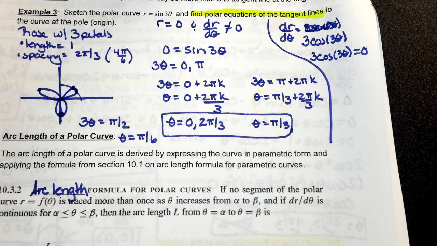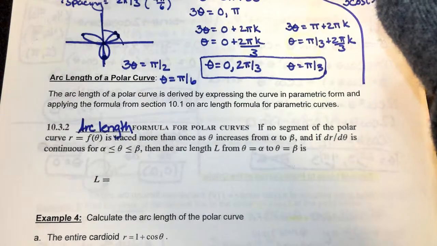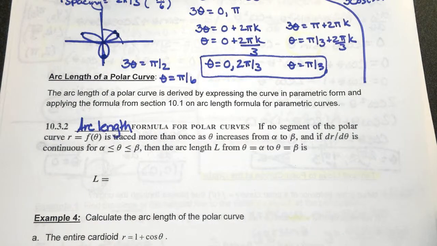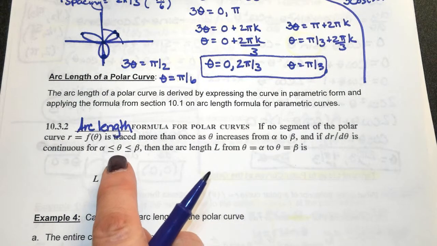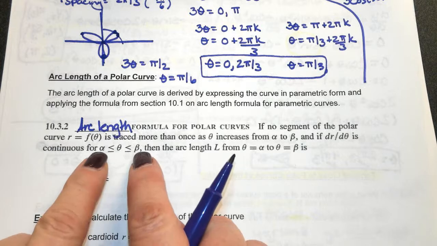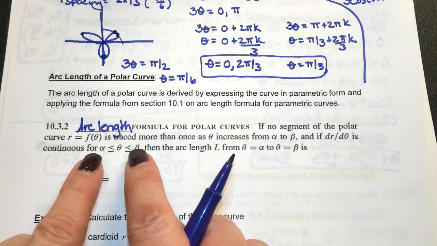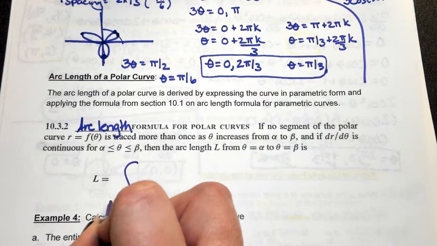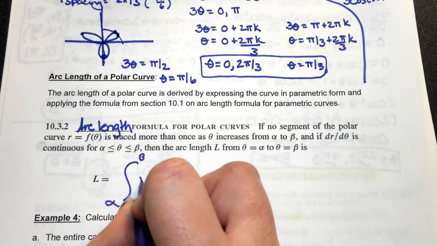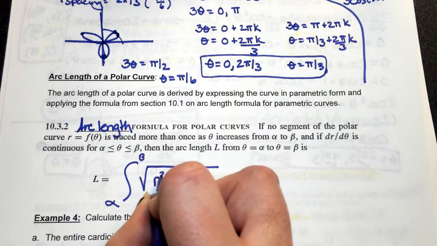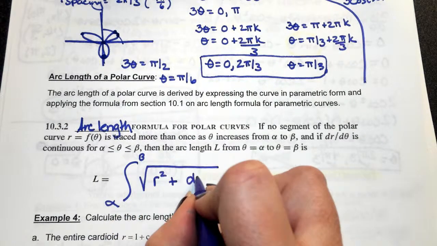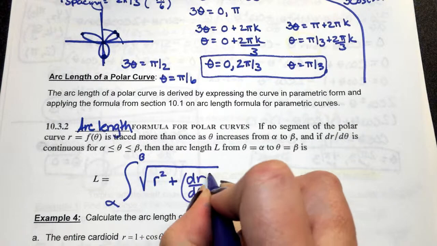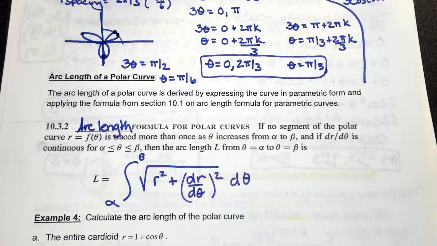We are still trying to find the distance around a curve. So when we are solving for these arc length problems for polar curves, your bounds are now going to be angles. So the formula for arc length in polar, again, we're going from alpha to beta. It's going to be the square root of r squared plus dr d theta squared d theta.